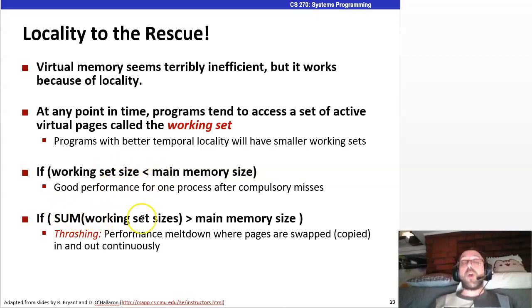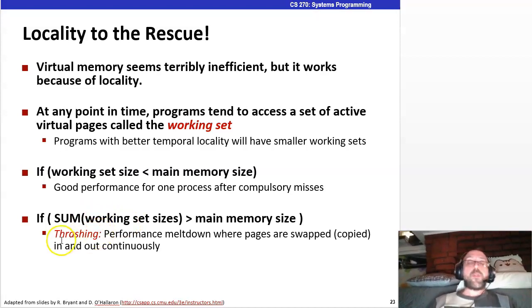But once the total size of all the working sets gets to be bigger than main memory, we have a problem. Now, when the operating system and the CPU are switching between different processes, there's a very good chance it's going to have to kick out something related to a different process. Then, when it switches back to that other process a few milliseconds later, it's going to have to again load pages from disk, evict some other process that actually needed them.